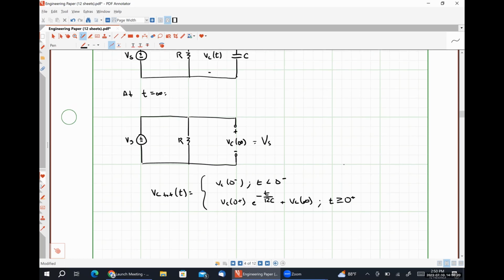We only add the VC at infinity, or our forced response, to the bit that's going on for t greater than 0 plus, because t at infinity falls during that time, right? Infinity is later in time than 0 plus. Okay. So can either of you guys tell me what the problem is?